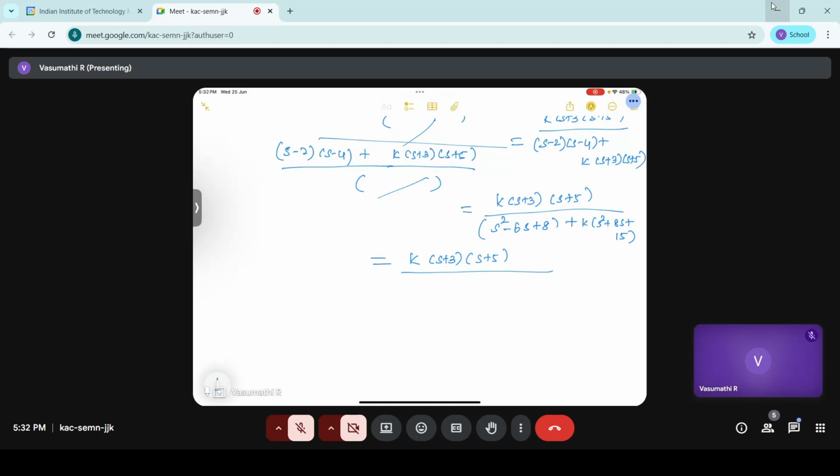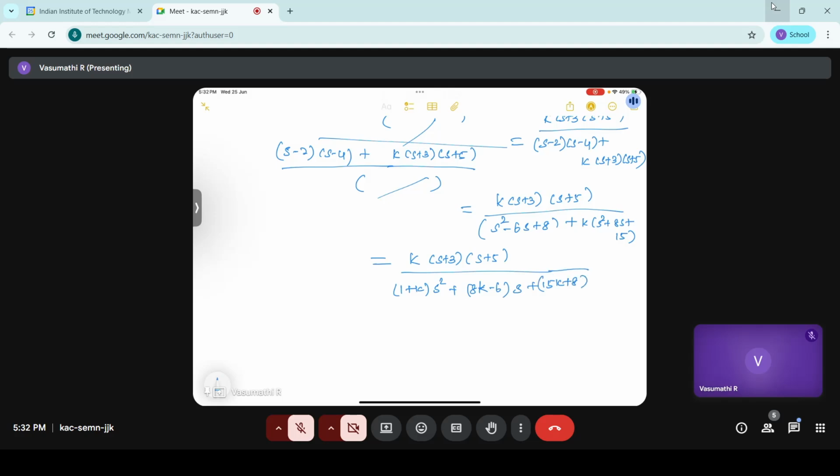This would be (1 plus k) into s squared, minus... oh, sorry. It should be 8k minus 6 into s, plus 15k plus 8.